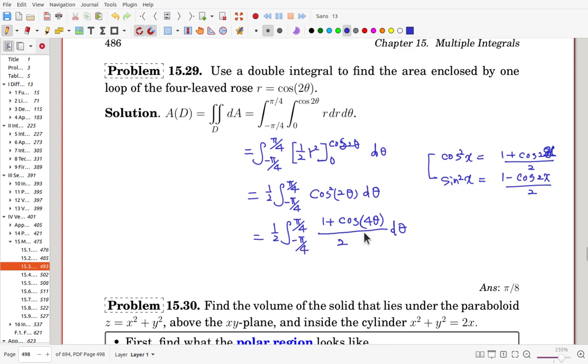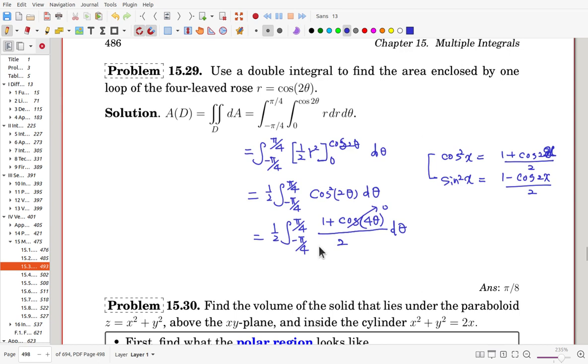Now theta is moving from minus pi over 4 to pi over 4. Then 4 theta will be from minus pi to pi. That means this portion will make a whole cycle. For a cosine curve, once you consider a whole cycle, then it is half positive and half negative, so that you may ignore this portion. The contribution to the integral will be 0.